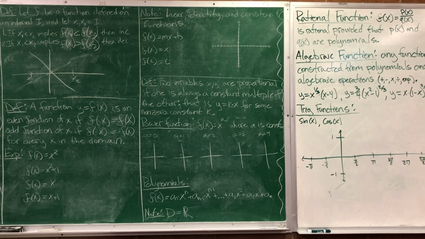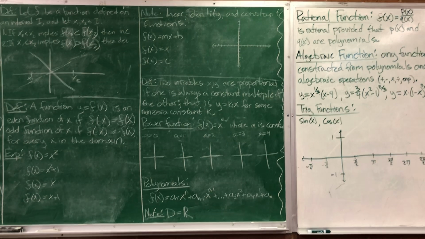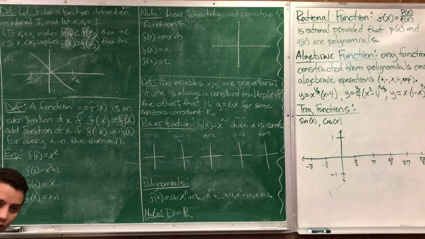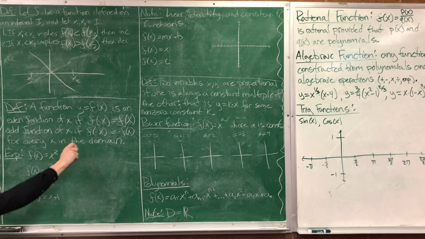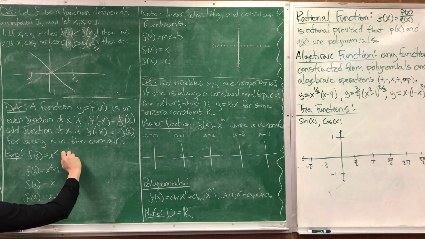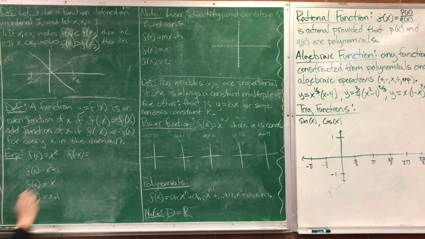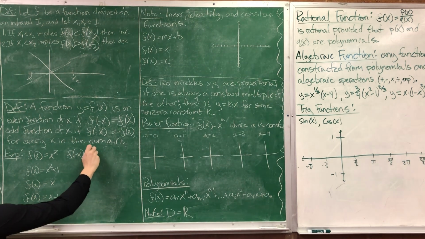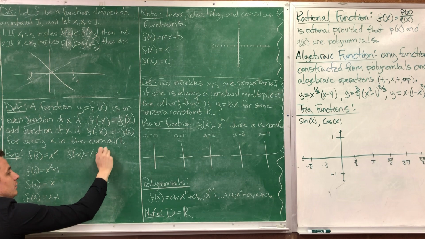But let's keep going. Now let's test some functions and see if they're even or odd, or both or neither. Let's look at f of x equals x squared. You say it's even because you know it's going to be symmetric, but let's actually run it through the test. Notice that f of negative x is equal to negative x squared.